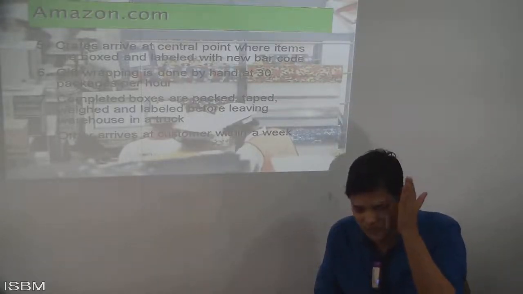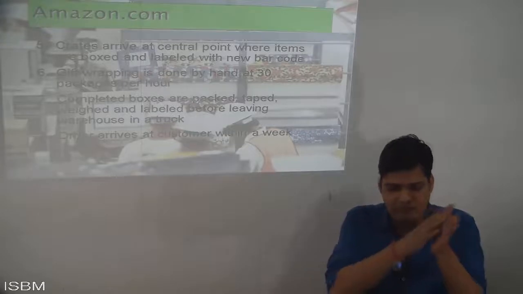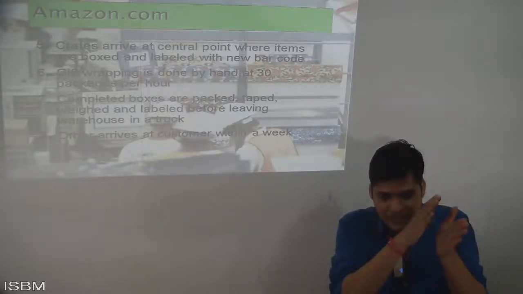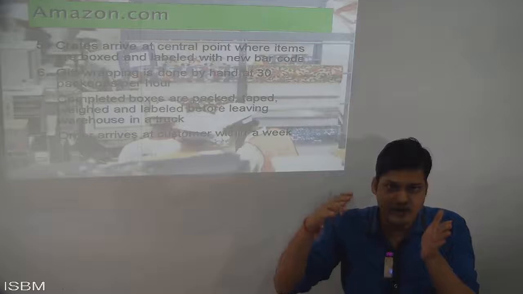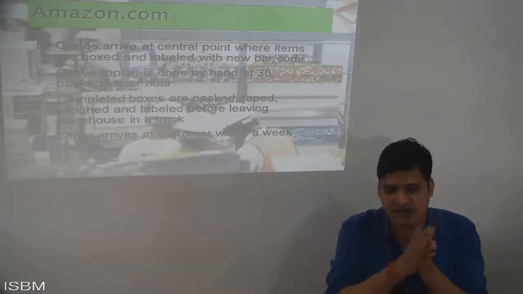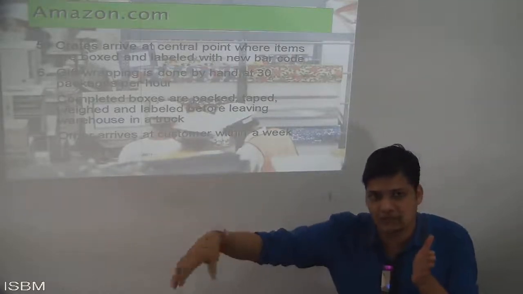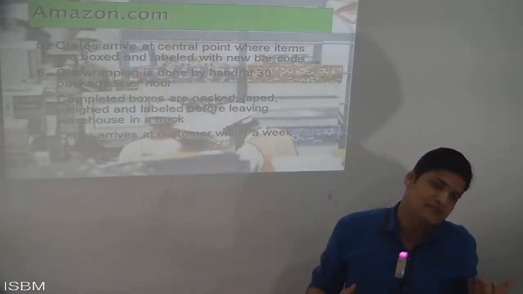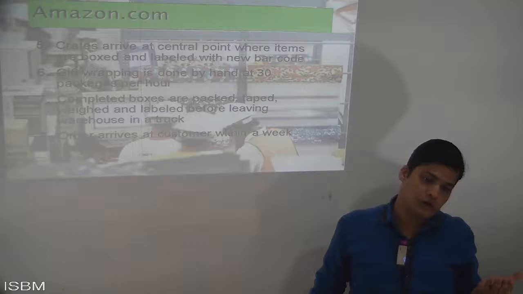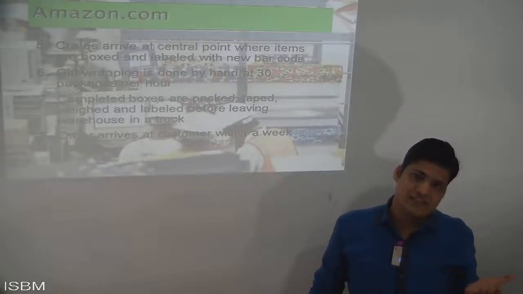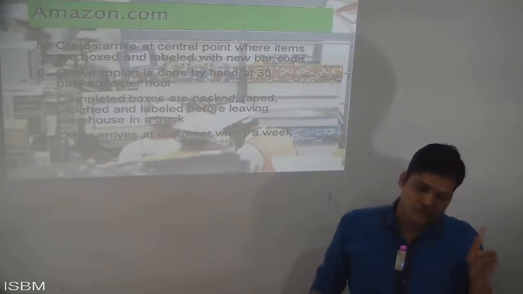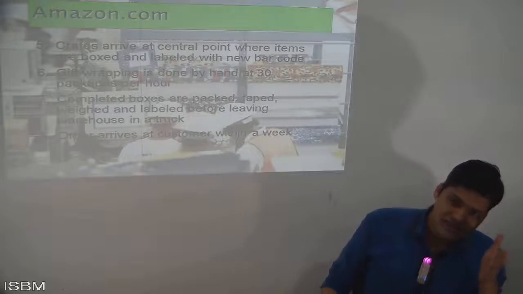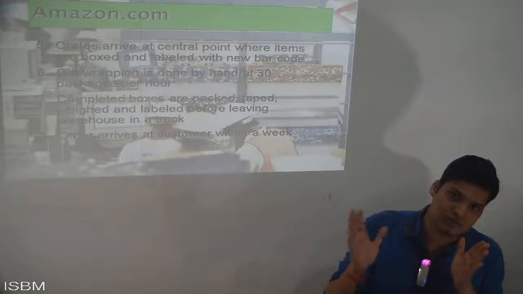You can think of it like this: the product goes from the packaging department to the warehouse, and there is a distance between them. Some organizations don't have much distance, but some do. So here the truck is used to send the goods from one place to another.